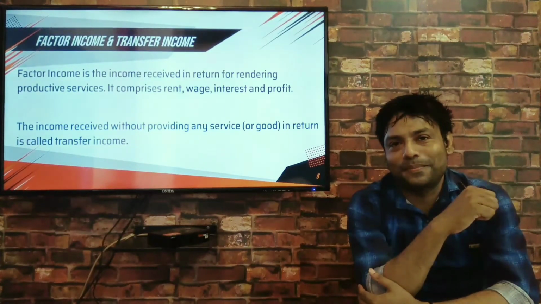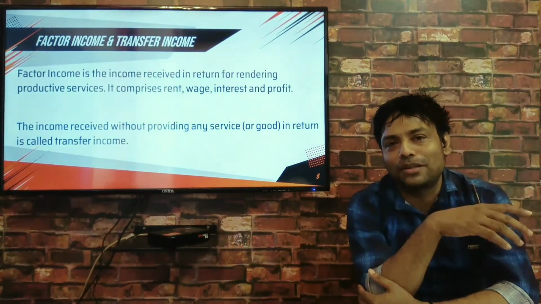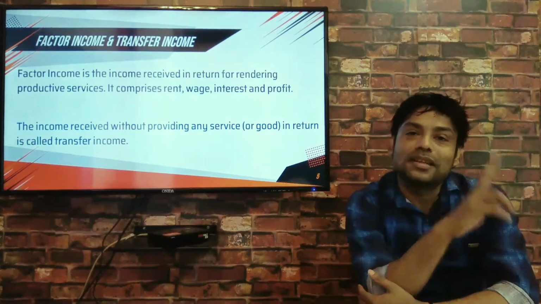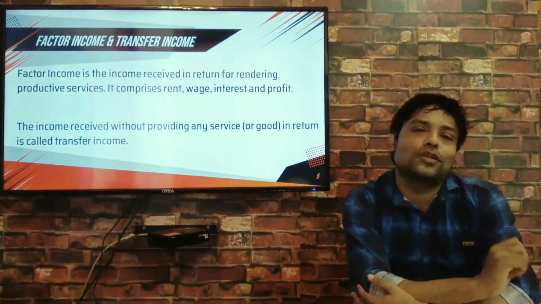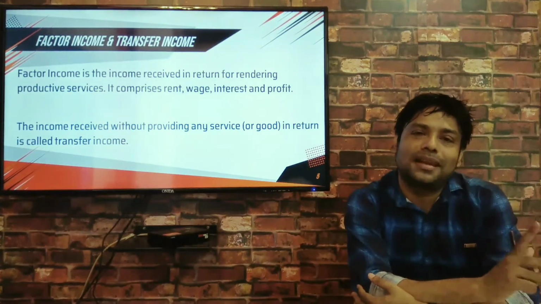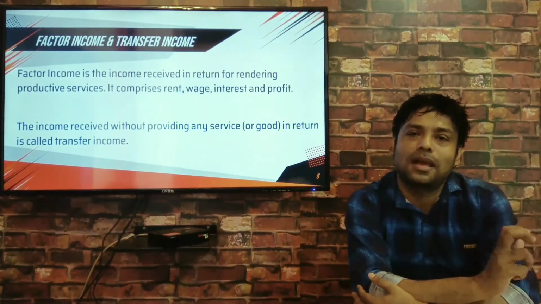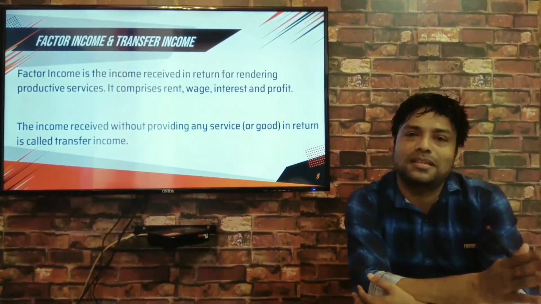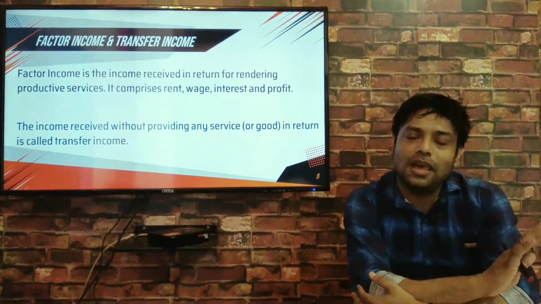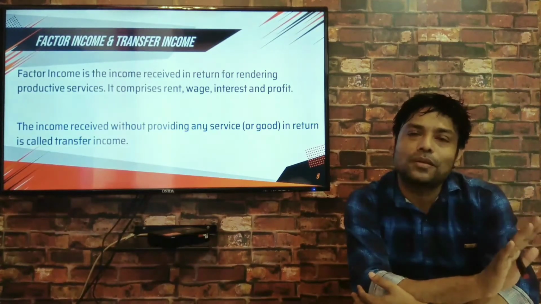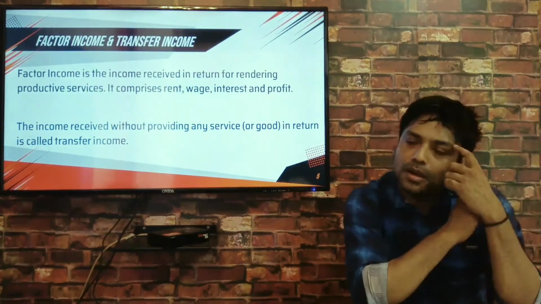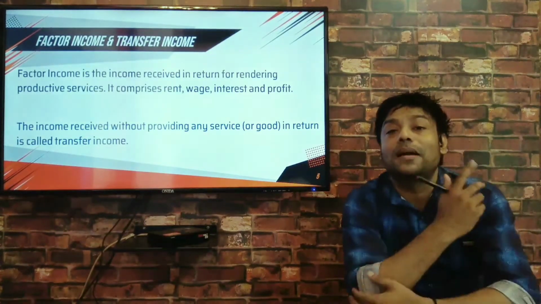Now what is factor income? Factor income refers to the income received by factors of production for rendering factor services in the production process. Rent, wages, interest, profit are examples of factor income. Now, what is transfer income?